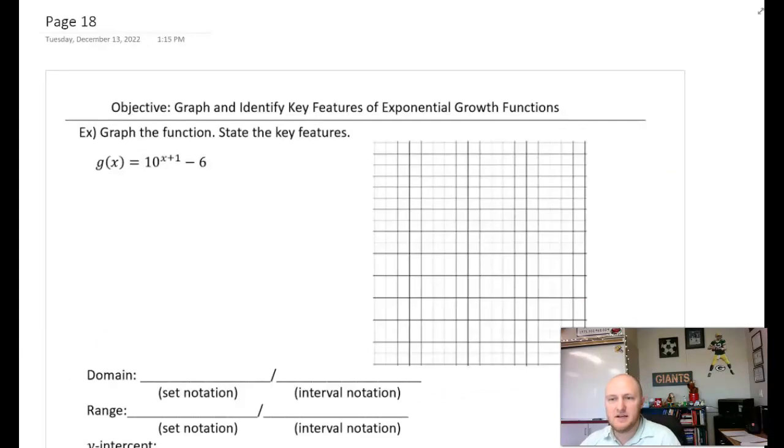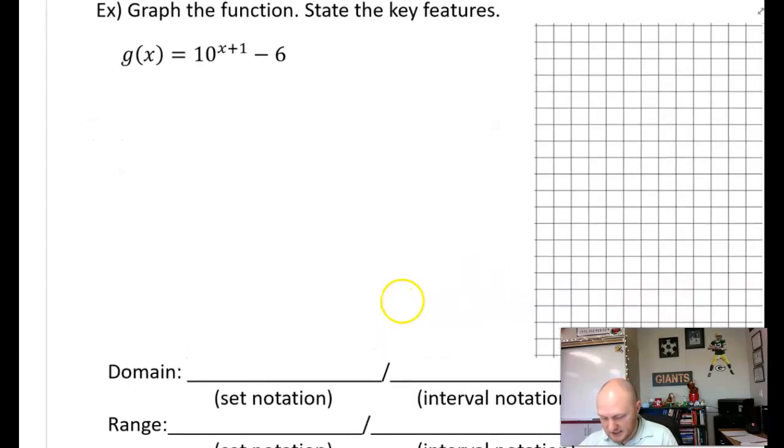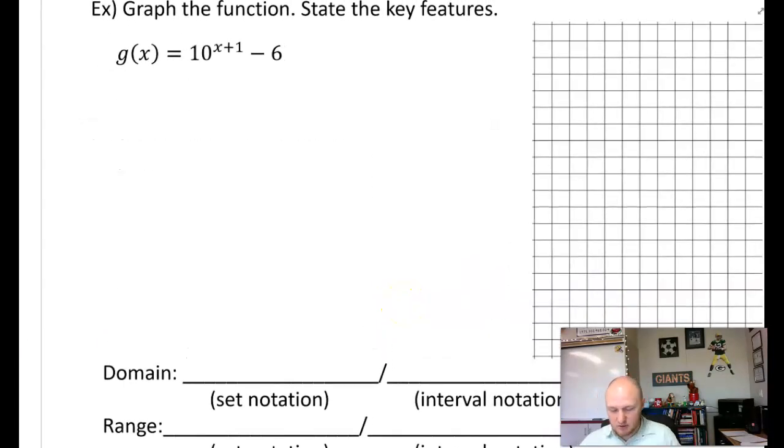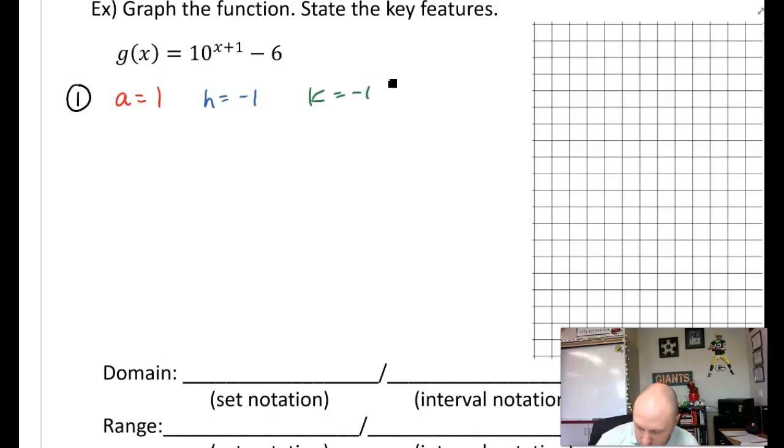So let's go ahead and look at this example. g of x is equal to 10 to the power of x plus 1, minus 6. So again, step 1, identify your a, h, and k. a is 1, h is negative 1, and k is equal to negative 6. What this tells me right off the bat is we have a horizontal asymptote at y is equal to negative 6.